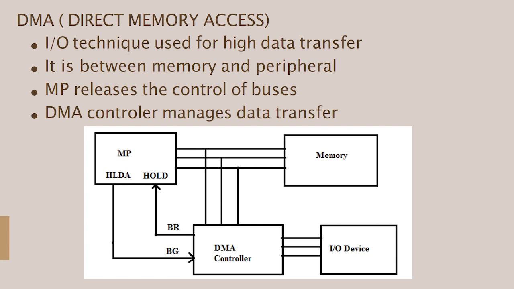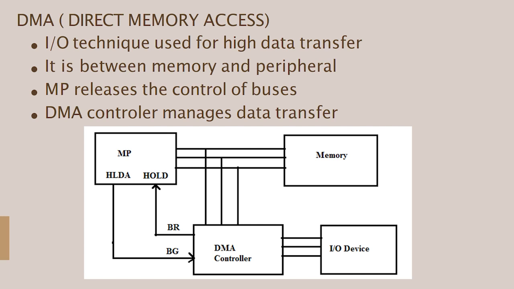This technique is used when a huge amount of data has to be transferred between memory and input-output devices. The DMA controller reduces the operations of the microprocessor. The microprocessor can give the control to the DMA and do some other work.